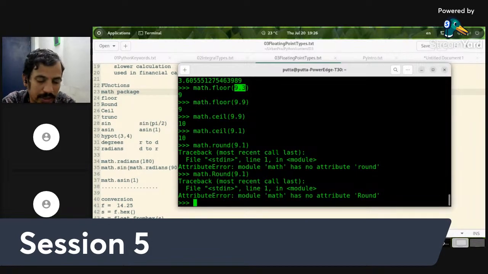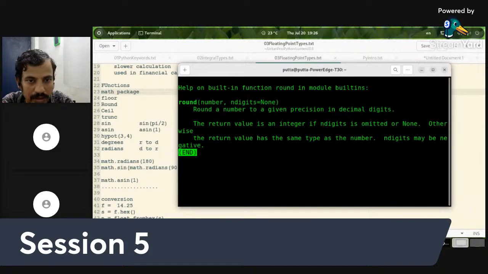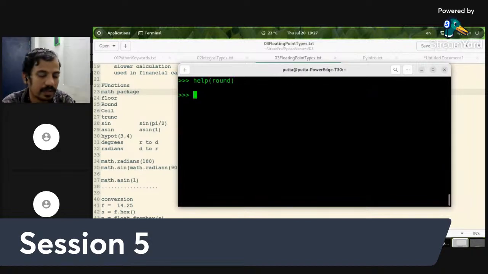Sir, I got an error. I think in the newer version they have removed round. Or we have a round function itself. Oh, okay. Round has been made a generic function. It's no longer in math. Okay, they have made a change. So you don't need to do math.round, you can just directly use round.